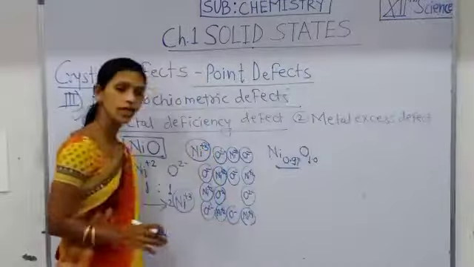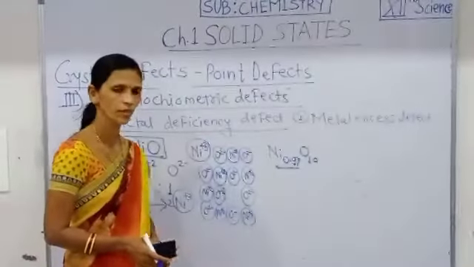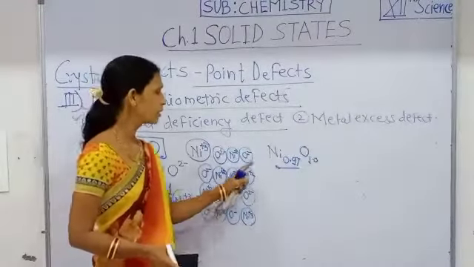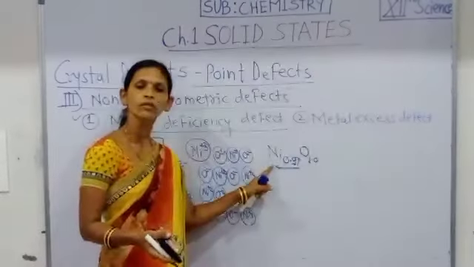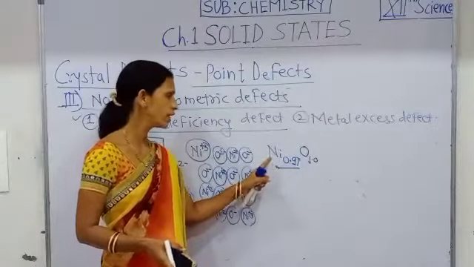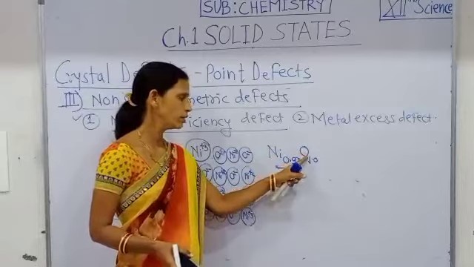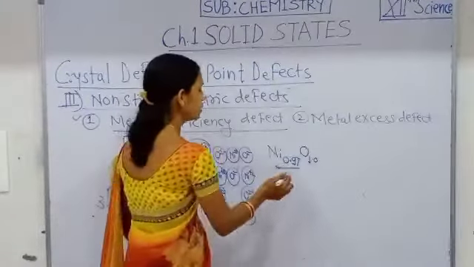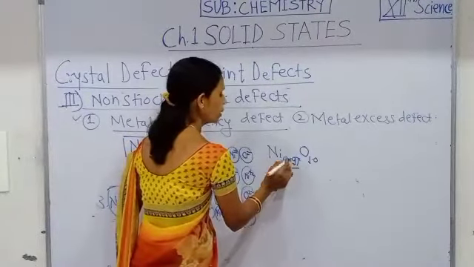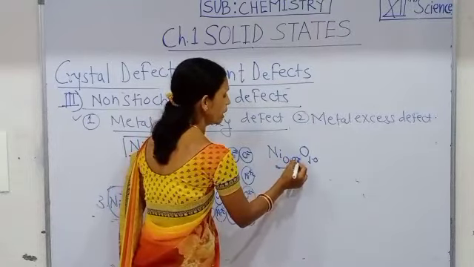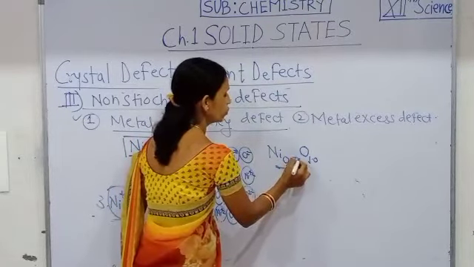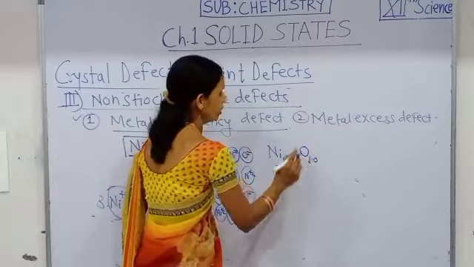Then here the chemical compound has a ratio of the nickel and oxygen constituent ions, that is Ni 0.97 to oxygen 1.